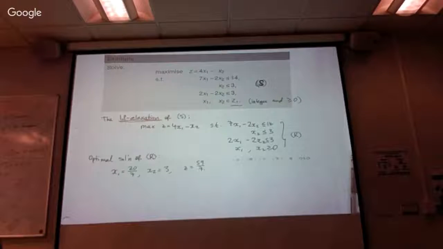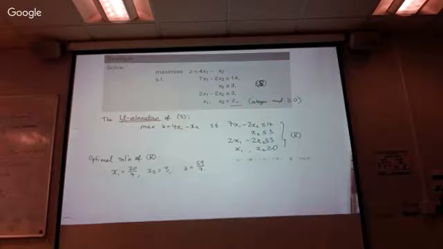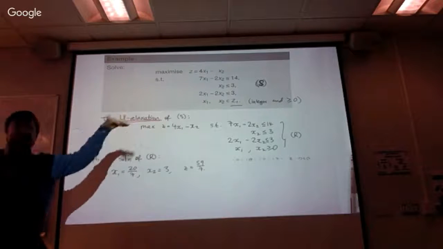So every time you have an optimization problem and you have a similar problem where there are fewer constraints, so some of the constraints of the original problem are taken away, that's called a relaxation. Maybe they're not taken away, but they're made less restrictive. That's also a relaxation. So if you have an optimization problem which has more feasible solutions, where the feasible solutions form a superset, that's called a relaxation, because that's just the word that's used. You relax some of the constraints. So here what you relax is the integrality.